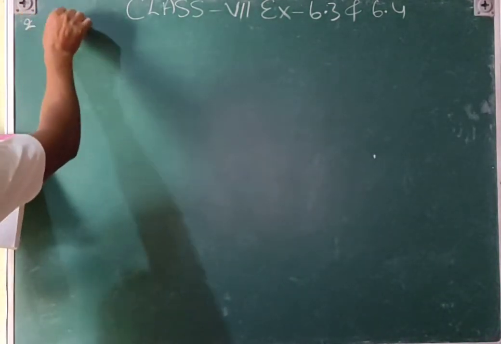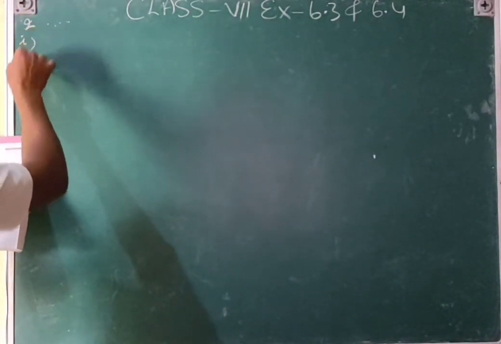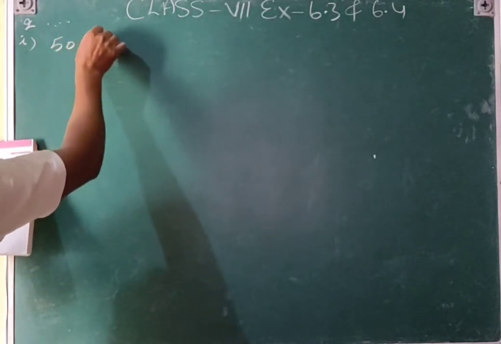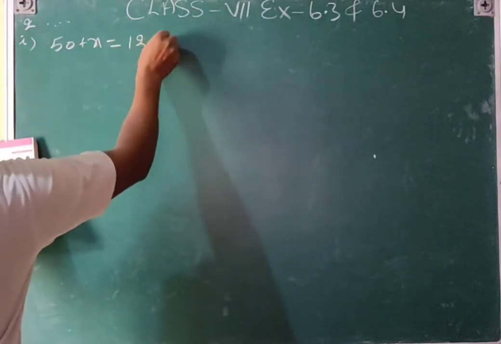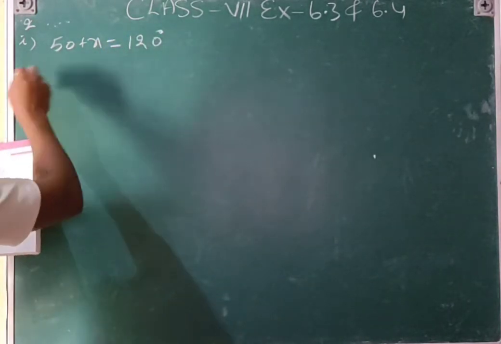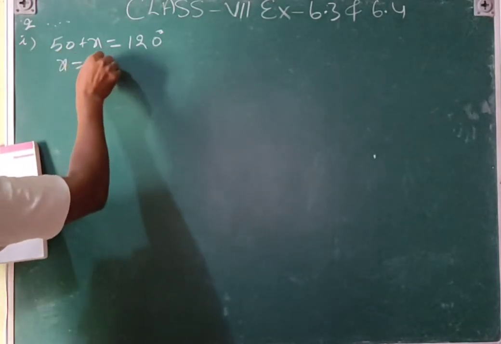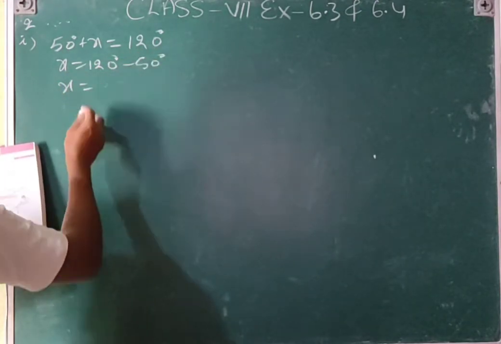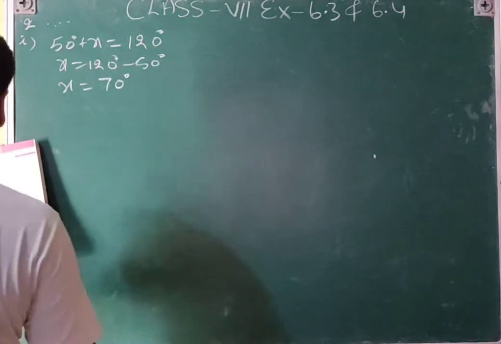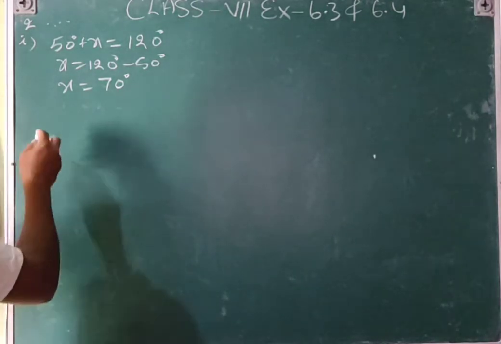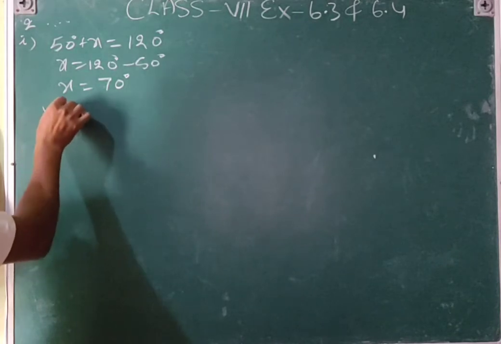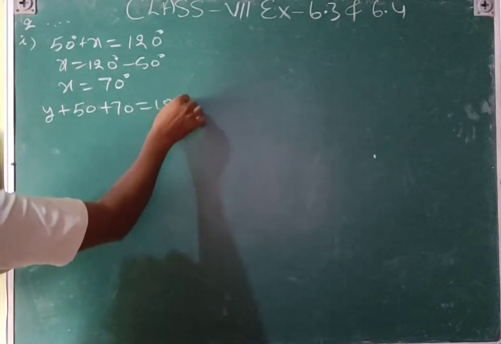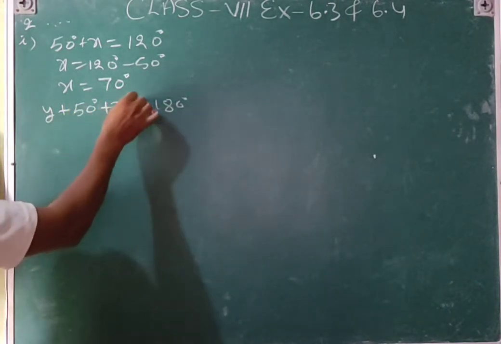Question number 2 first, we need to find x first of all. So 50 plus x is equal to 120, and then x is equal to 120 minus 50 degrees. So x is equal to 70 degrees. Now the sum of angles of a triangle: y plus 50 plus 70 is equal to 180 degrees.